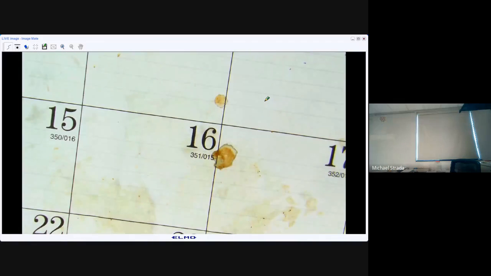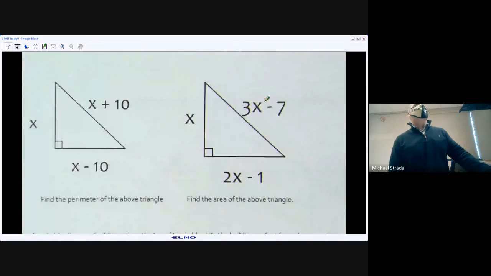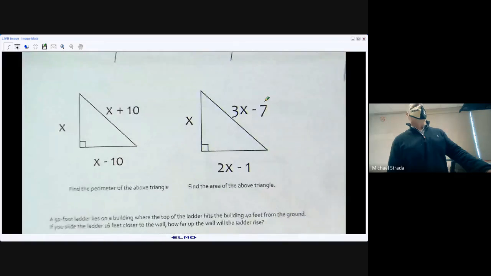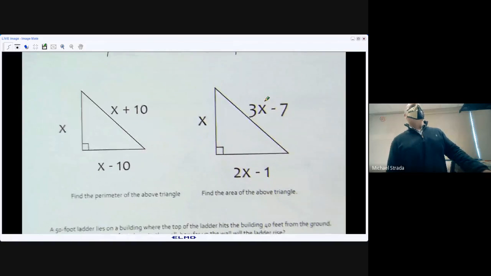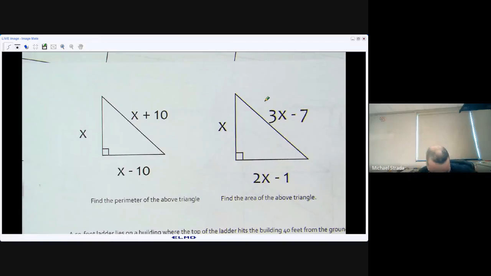So then walking you through the problems themselves. The problems themselves are based upon problems we did in class yesterday. If you want to check that video, these are direct examples of quadratics.